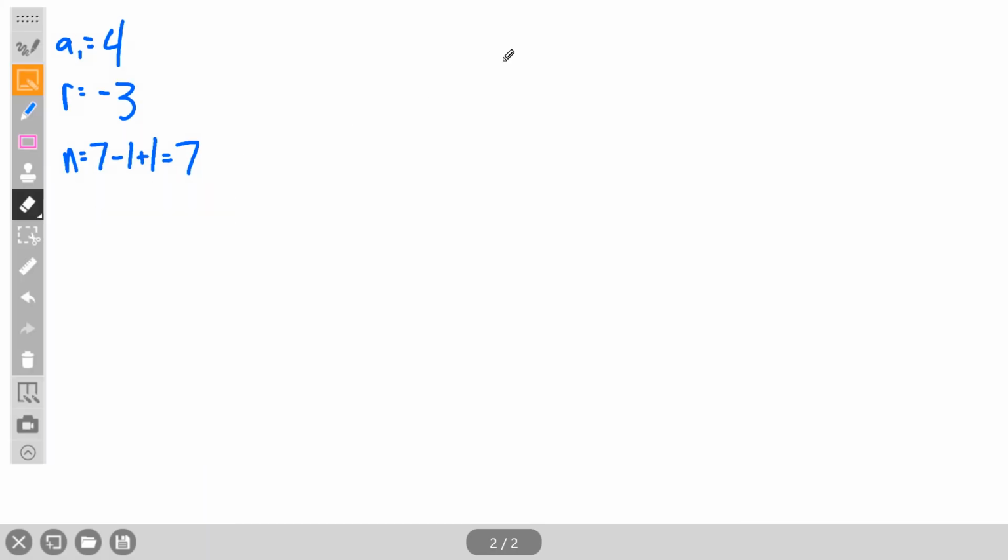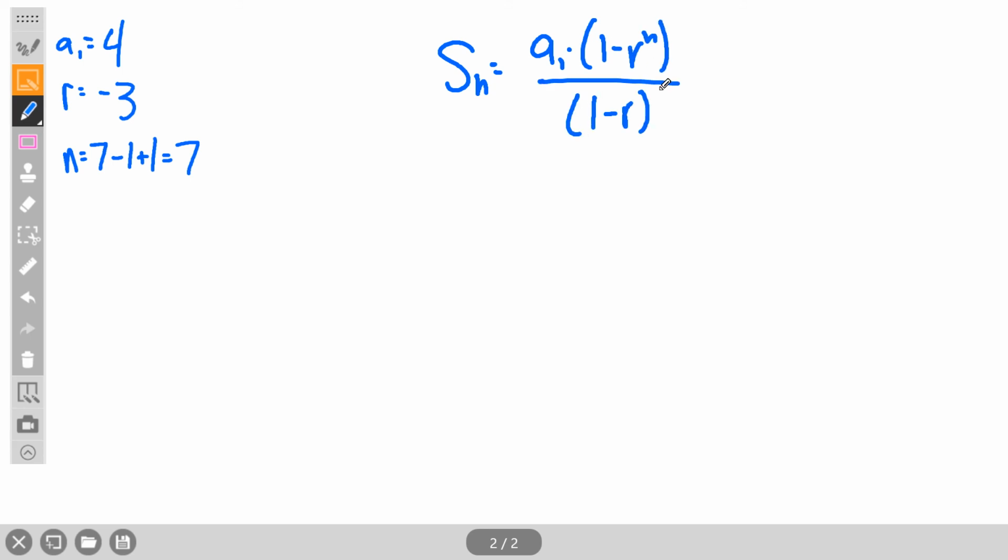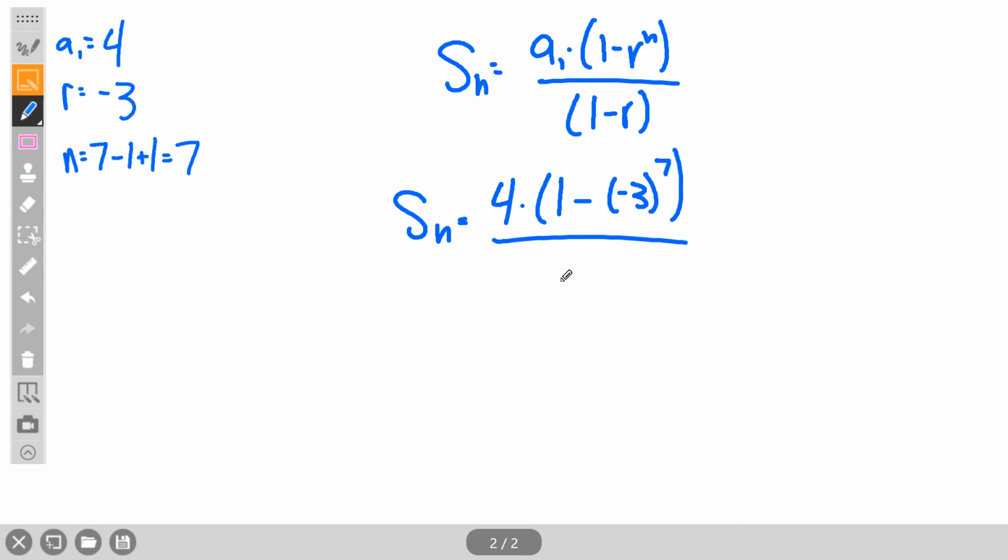So the formula is Sn equals A1 times 1 minus r to the n over 1 minus r. I just need to replace everything. So Sn equals 4 times 1 minus r, -3, to the 7 over 1 minus -3.